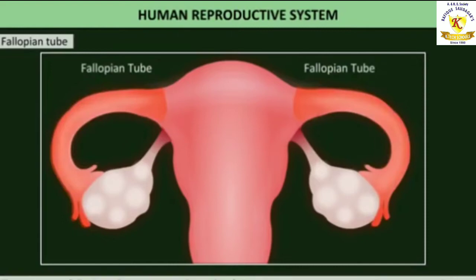There are two fallopian tubes, one on either side of the uterus. It serves as a canal to transport the eggs produced in the ovaries. The upper end of the fallopian tube is the main site of fertilization. Understood, children? Let's see the next one.